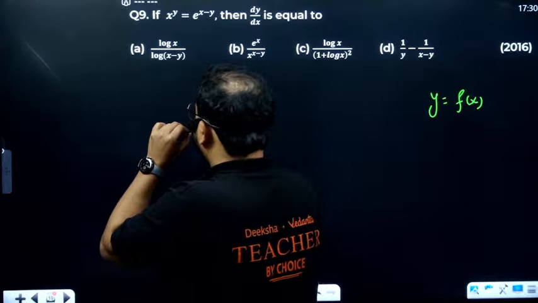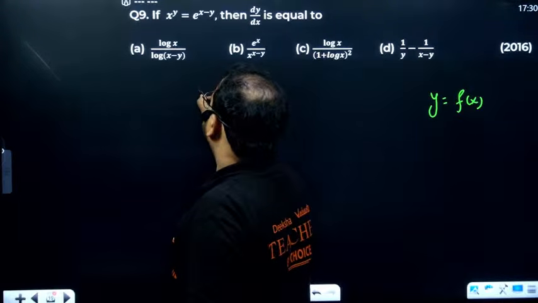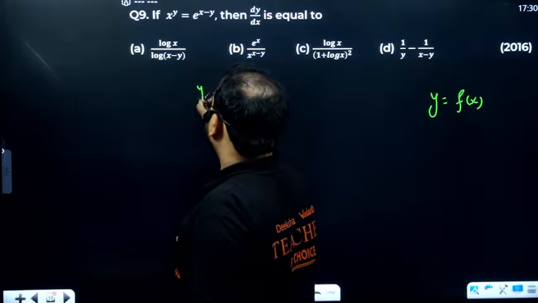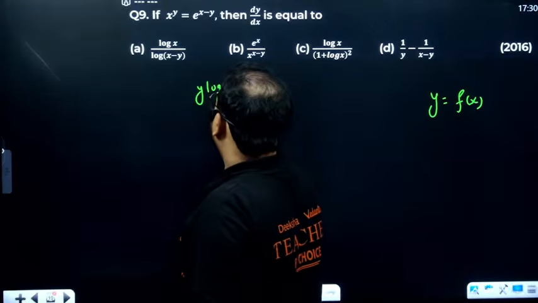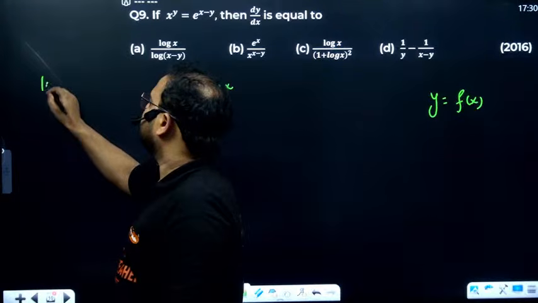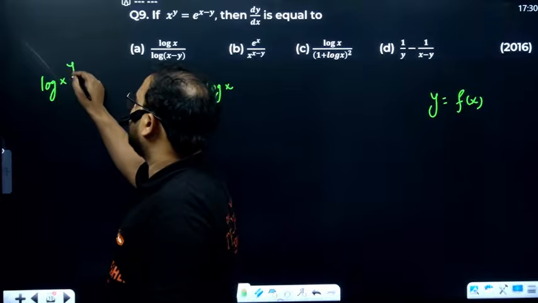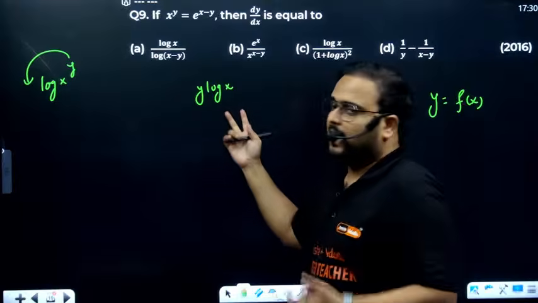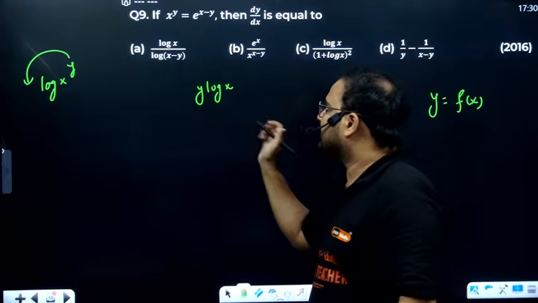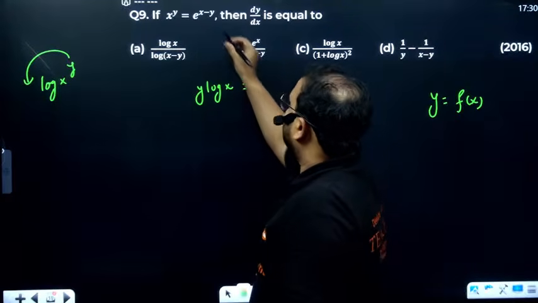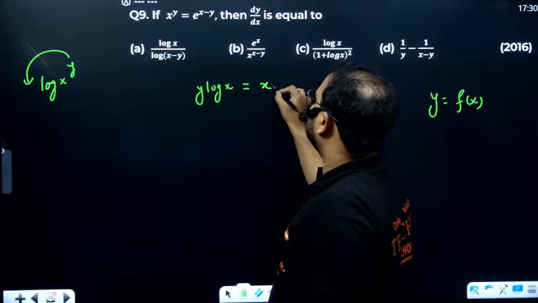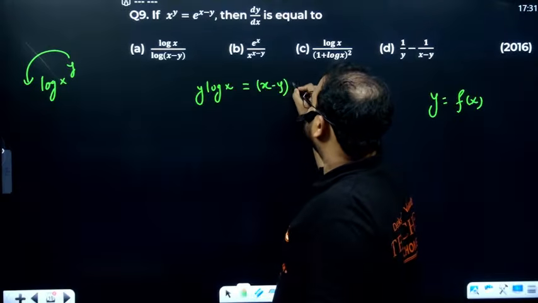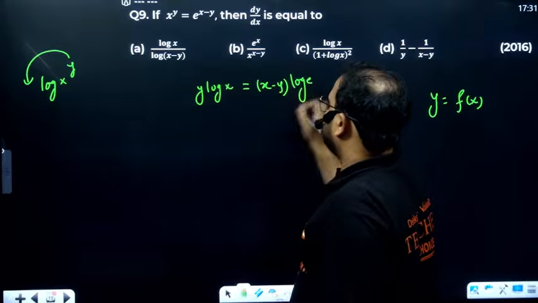So I'll take log. So I'll have y log x, because if I take log of x power y, this y will come as coefficient. I've written that directly. I hope that is okay, right? Now x minus y will also come out. So x minus y and log e.